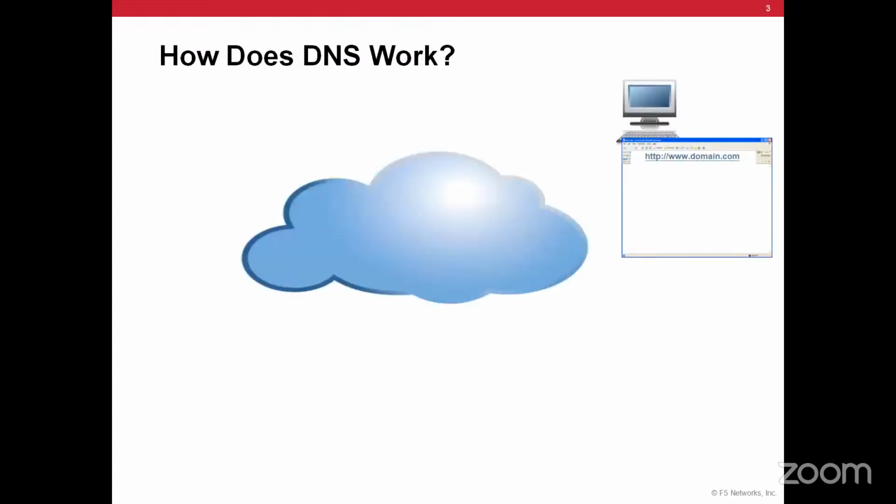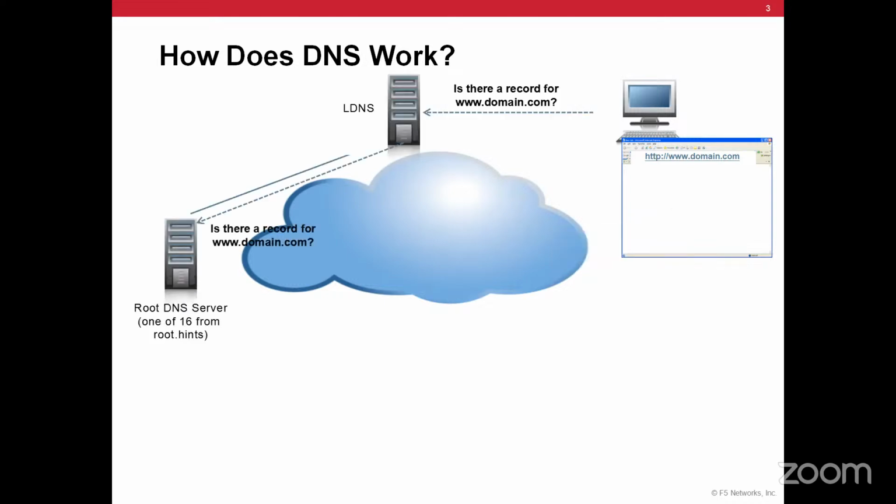Okay, let's see how DNS works. I'll start with some basic setup. Simple domain. The user wants to access www.domain.com. The user sends a query to the LDNS, which is the local DNS server.